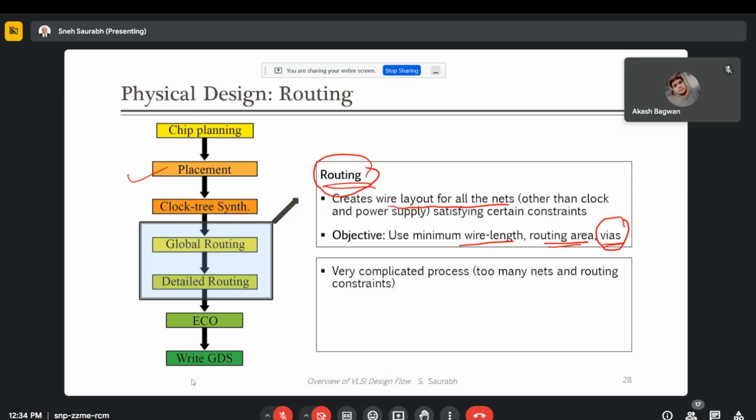Because there are so many nets in our design, in millions, which need to be routed, and deciding the layout of each of the wires is a difficult task.